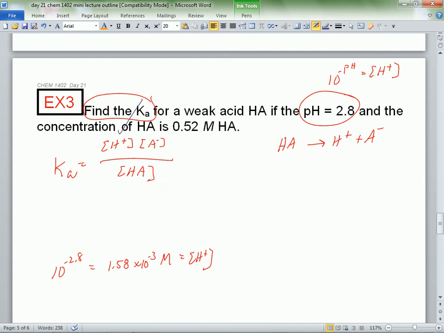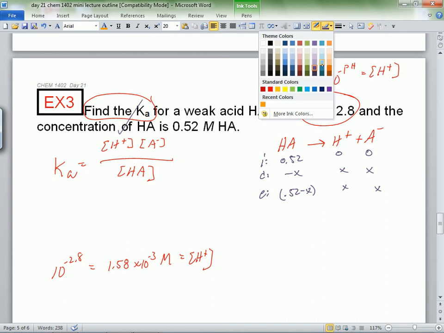But really, it's 0.52 minus X. So anyway, I say you fill this thing out, and then it's much more straightforward, right? 0.52, just like always, minus X, X, and X.